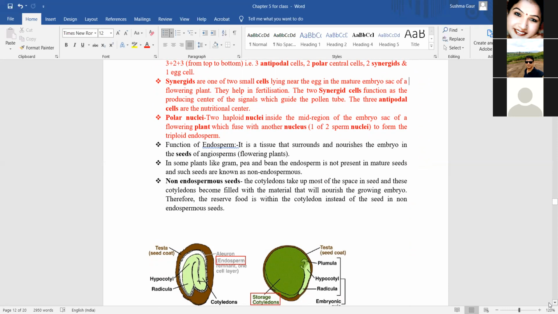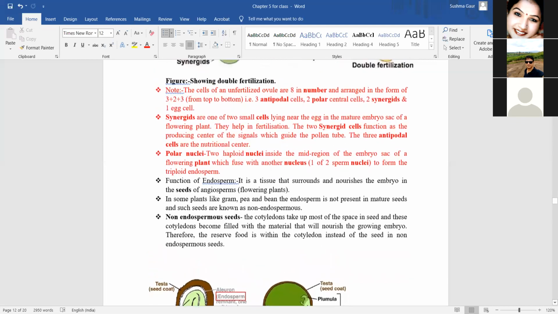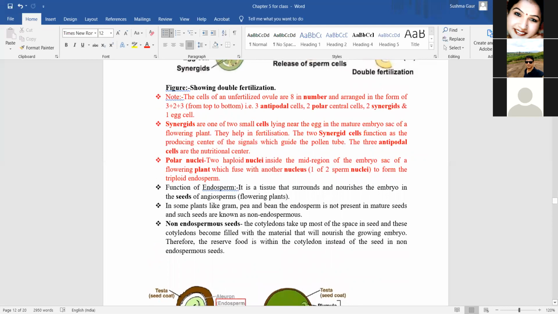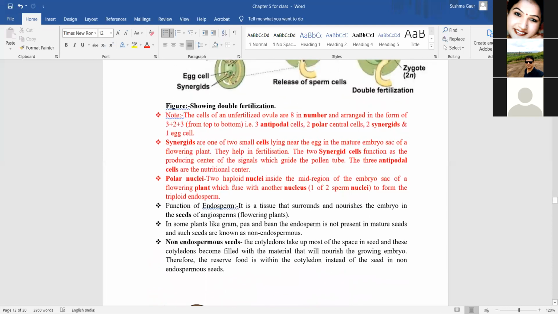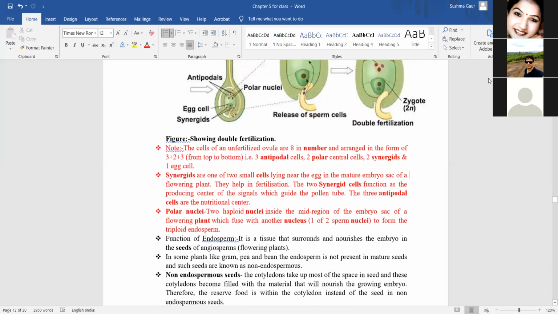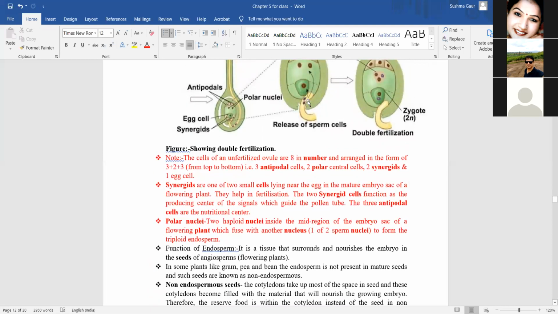So these 8 cells will be present, and 2 sperm cells, not pollen cells, will come to fuse. One sperm cell will fuse with the egg cell to form zygote, and one sperm cell will fuse with polar nuclei to form triploid endosperm.